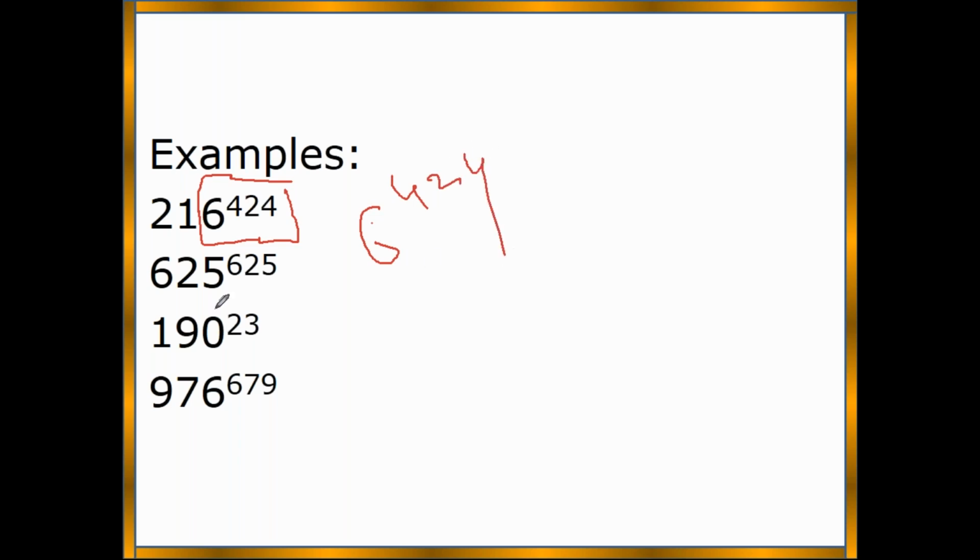And 5 power 625, 5 power anything is 5. 0 power anything is 0. And 6 power anything is 6. Please understand, we have to focus on the last digit. That may be 216, 316, 416, 126. Any number ending with 6 and the power is 424, the answer is 6 only.